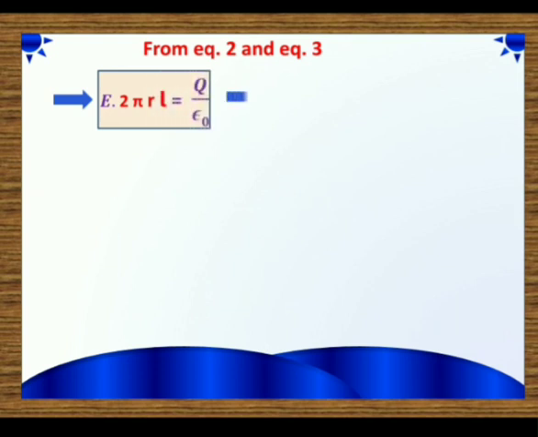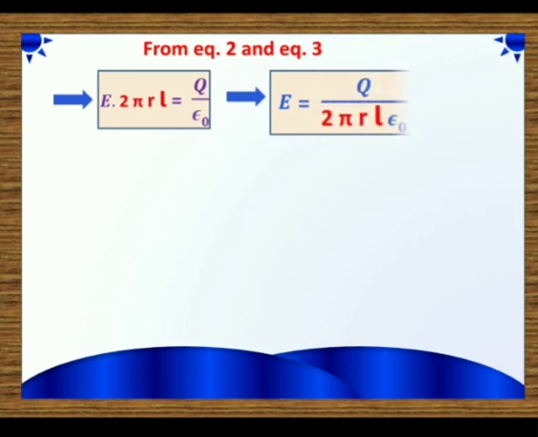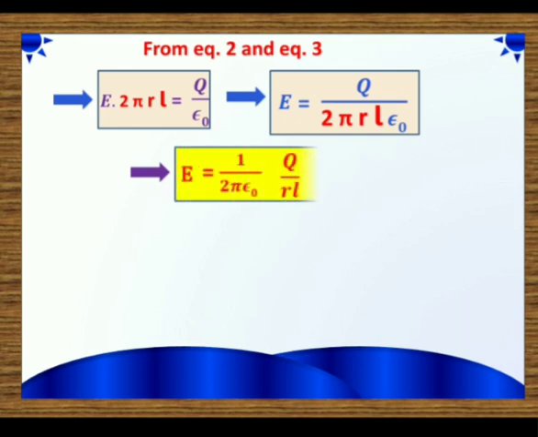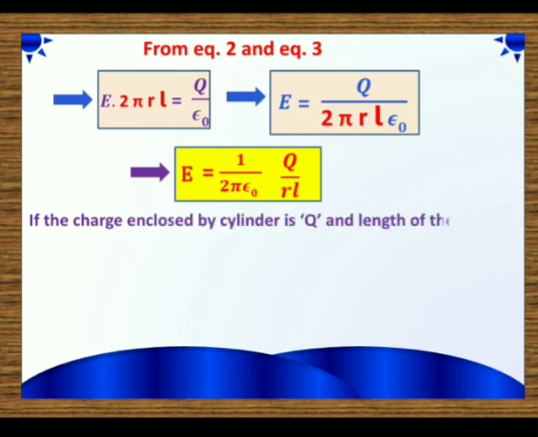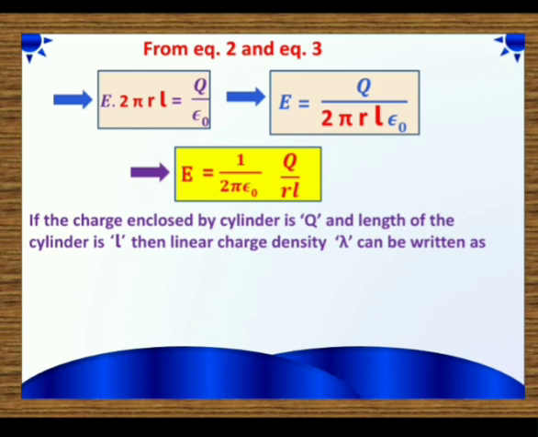If I simplify this, bringing the 2 pi RL to this side, then E is equal to Q by 2 pi RL epsilon naught. Just to simplify it, E is equal to 1 by 2 pi epsilon naught Q by RL.